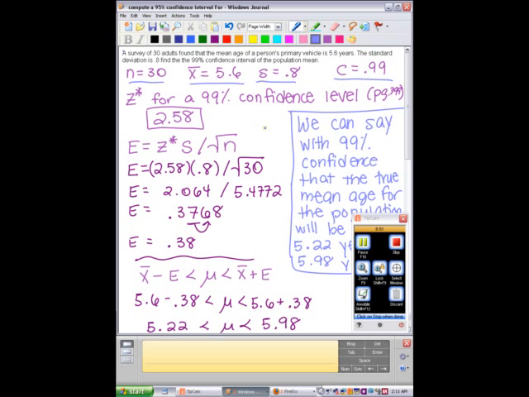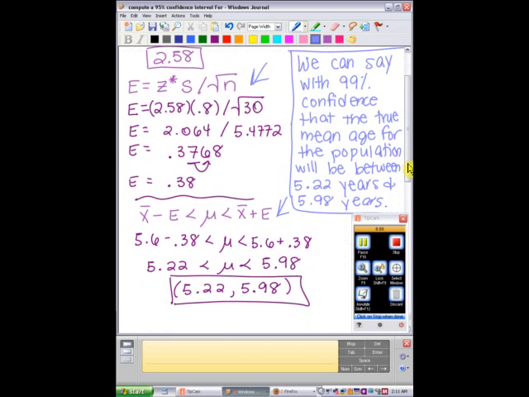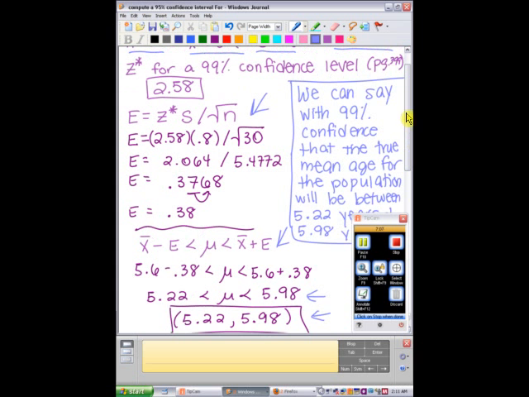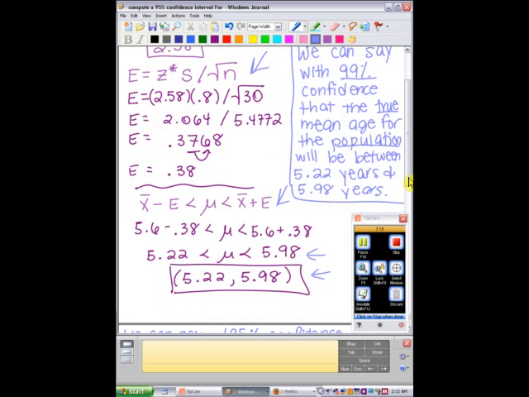Next, we find the error, the E. We plug it into the formula for the confidence interval, and we can write our final answer for confidence interval two different ways. And if you're asked to write it in words, we can say with whatever confidence level that the true, whatever we're looking for, the population will be between the left side and the right side.